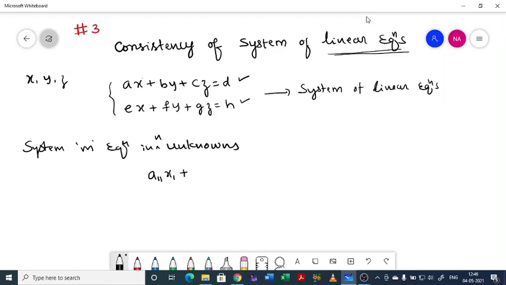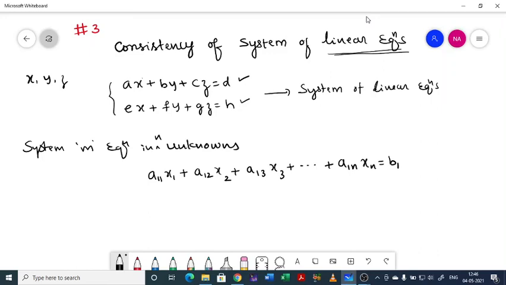a11 x1 plus a12 x2 plus a13 x3 plus and so on, a1n xn equal to b1. So here we have one equation in n unknowns: x1, x2, x3, up to xn. These are unknowns.